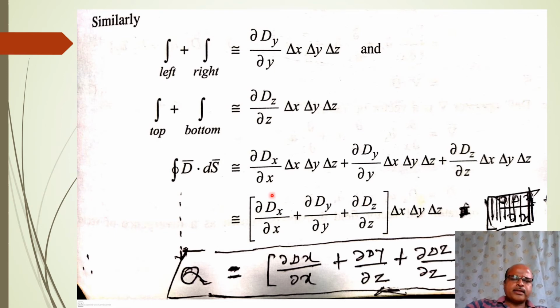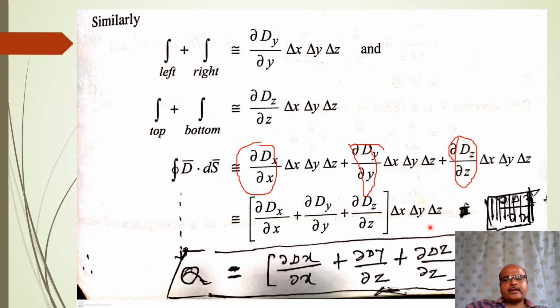Here if we observe, take common terms, that is ∂Dx/∂x, then ∂Dy/∂y, then ∂Dz/∂z. Take these three terms in a bracket. Then the remaining terms are common, that is ∂x ∂y ∂z, so keep them outside the bracket.